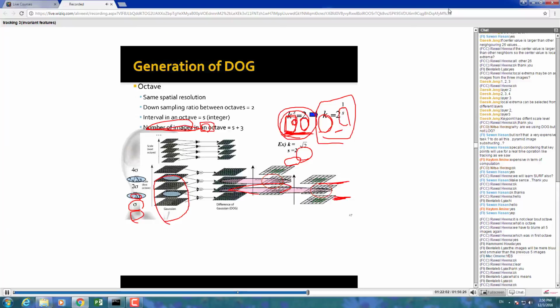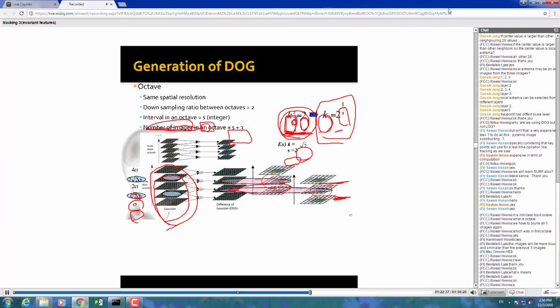When we expect two intervals, the term interval in this case means the number of layers we are expecting for local extrema. In this example, 2 layers. Then we have S intervals, and the number of Gaussian images we need in one octave becomes S plus 3. It means we need 5 Gaussian images.